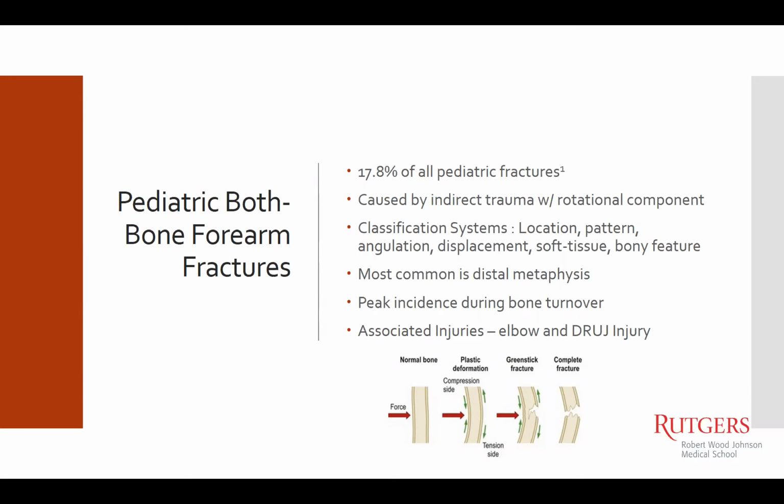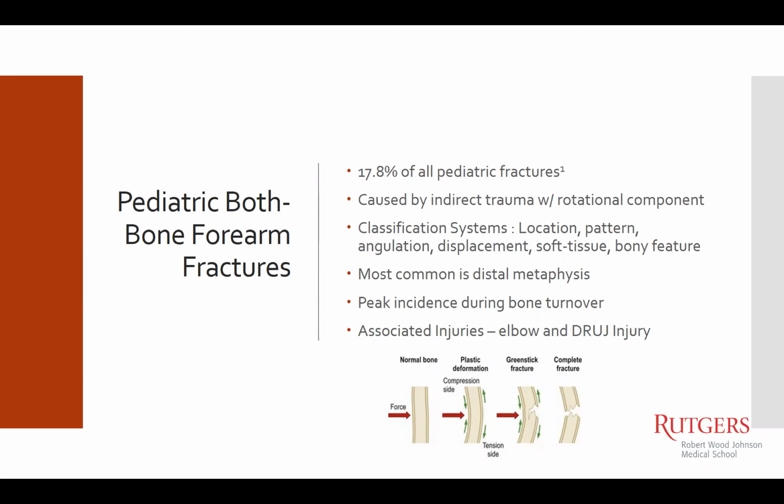You want to look at the pattern, which is very similar to other fracture patterns: comminuted, transverse, oblique, spiral. Again, rotation can affect the fracture pattern. You want to look at the displacement, if it's displaced, as well as the angulation. You also want to assess soft tissue, is it closed or open, that'll affect your management strategy. You also would want to look at bony features.